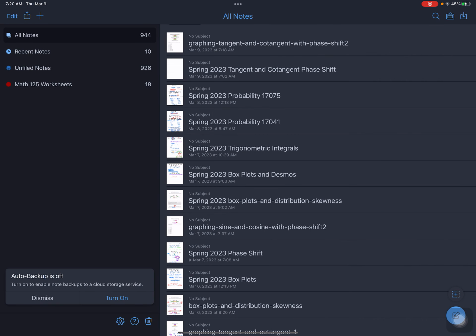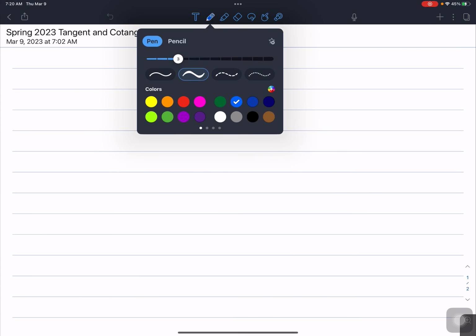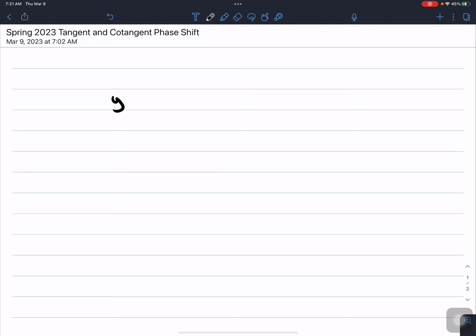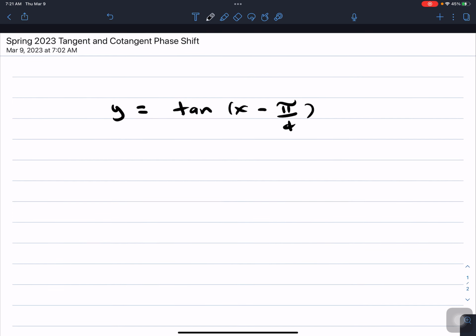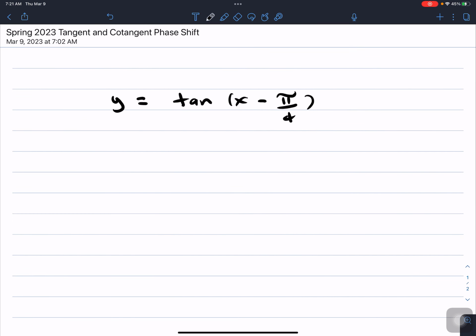So y equals tangent of x minus pi over 4. Is that right? Okay. That was number 1, so we're going to try number 1 there.